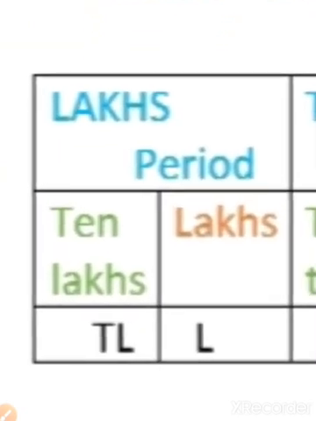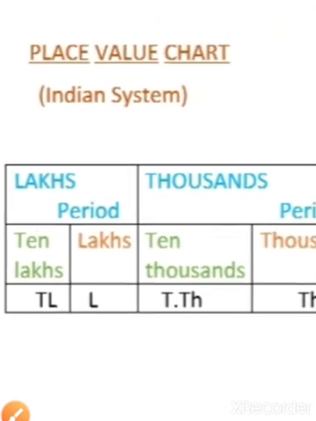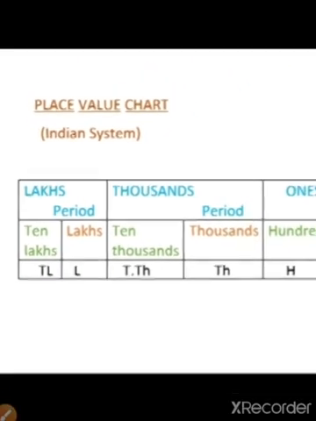Lakhs period is also divided into two columns. So the first column is for lakhs. In short, we write L for it. The next column is for 10 lakhs. In short, we write TL for it. So this is the place value chart of Indian system.